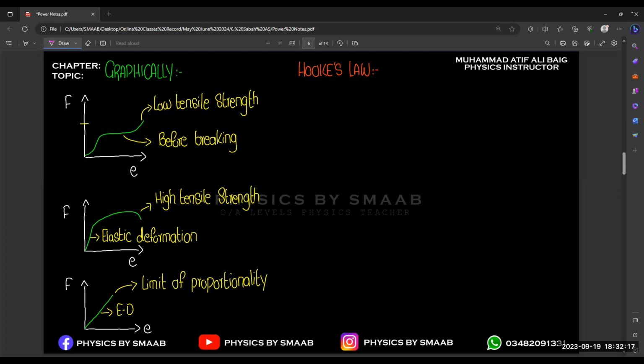We usually use centimeters in our calculations, but if they are asking about the SI unit, we use meters. We can also use the equation energy equals half Fx squared. We will also discuss that concept, which is included in this chapter.